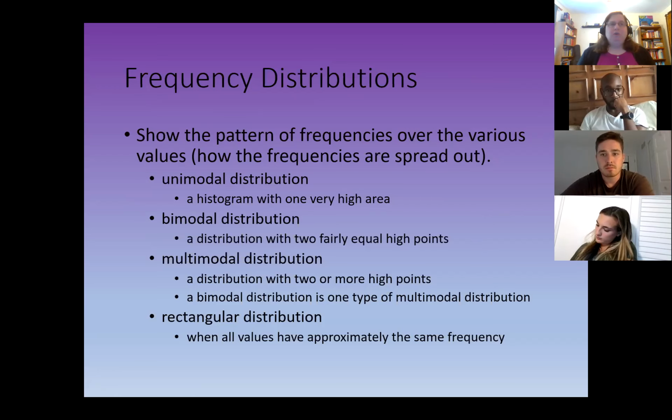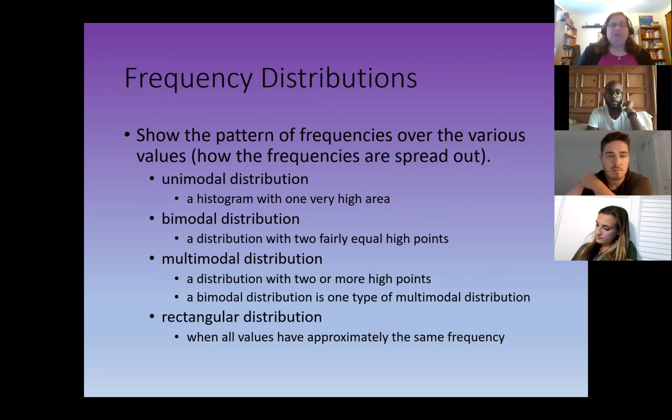Basically what we're looking for is the pattern of frequencies over the various values, or how the frequencies are spread out. When you think about these, think about histograms, those connected bar charts that would show you a picture of these things. I will show you some pictures along with these descriptions.